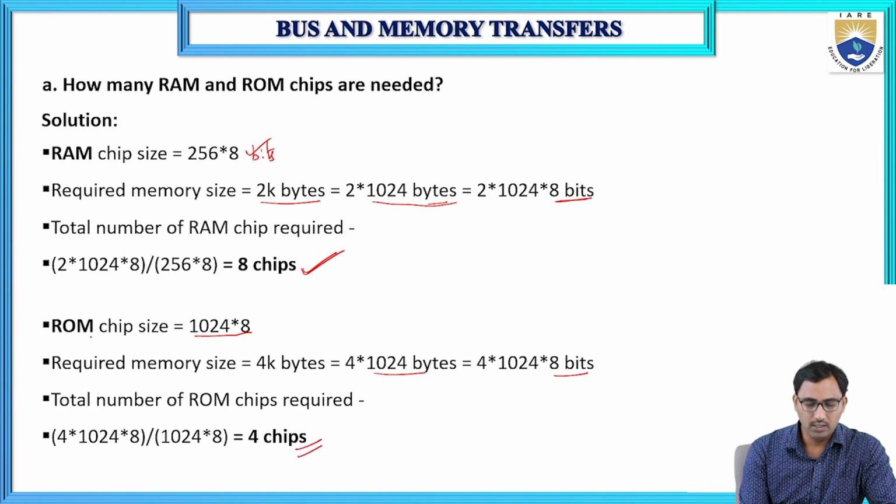That means we require 4 ROM chips for the memory size of 4 kilobytes, because every chip size is 1024 by 8 bits. So the total number of RAM chips required is 8 and the total number of ROM chips required is 4.